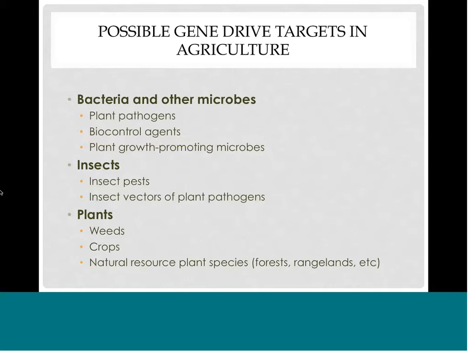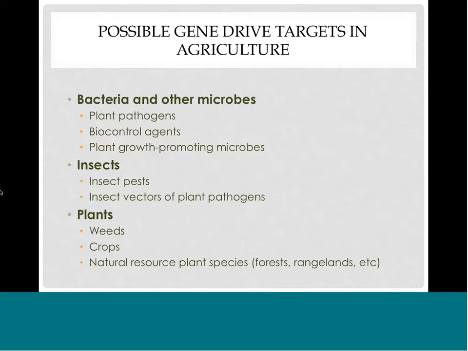Of course, insects, and a lot has been said already in these webinars about gene drives in insects, but in the agricultural sector, these could be pests that are directly impacting the crops by eating them, or insects that can be vectors of plant pathogens. I'll get back to that.